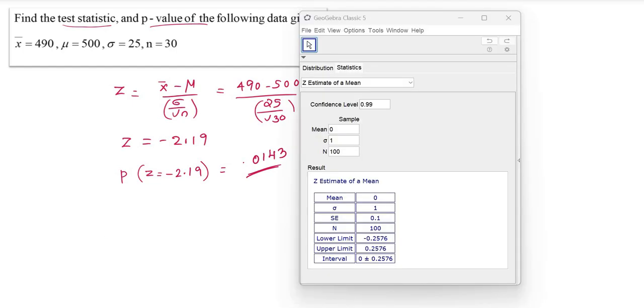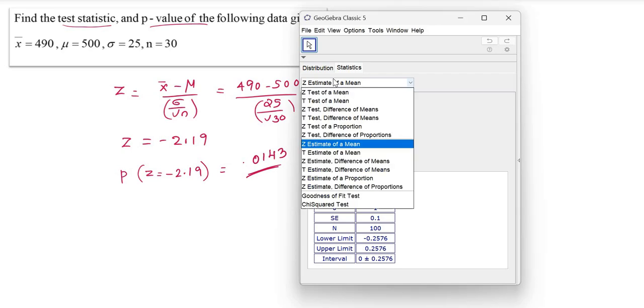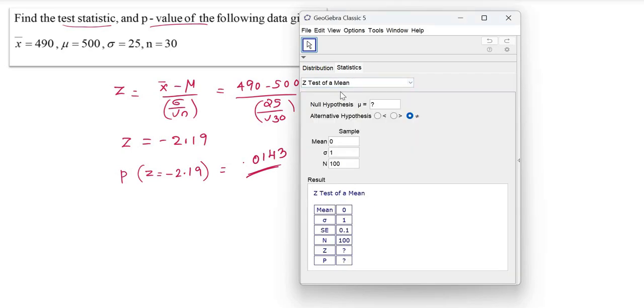For this we need the z test of a mean. Mu is equal to 500, so we input that value there. It is less than or equal to, because we hit the first one, and the mean is 490, the standard deviation is 25, and the sample size is 30.